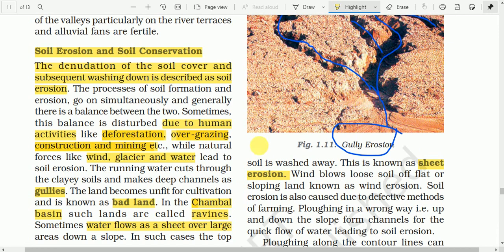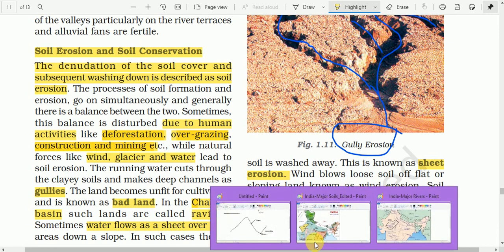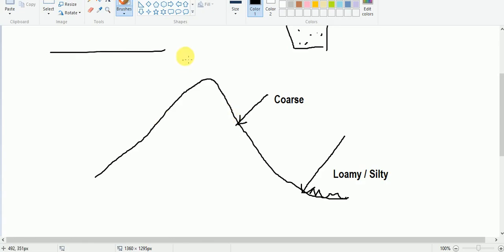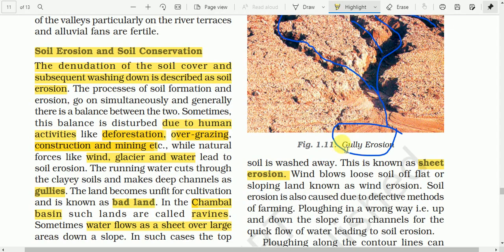See here, when the rainwater or the running water removes the whole surface, rills are not made; simply the whole surface is washed downward in the form of a sheet, and that is known as sheet erosion.